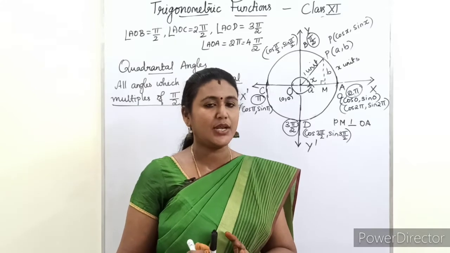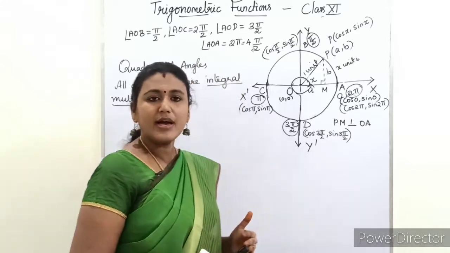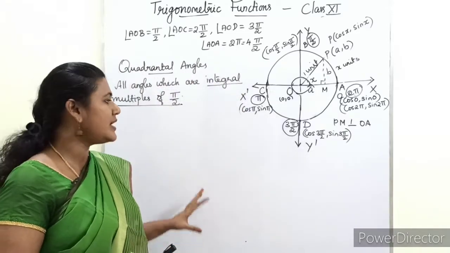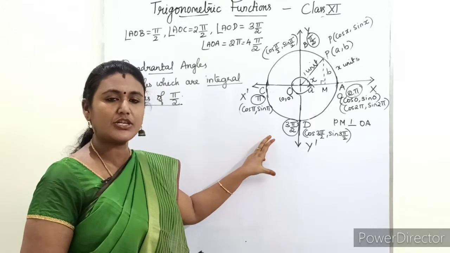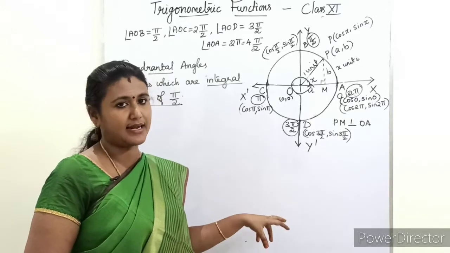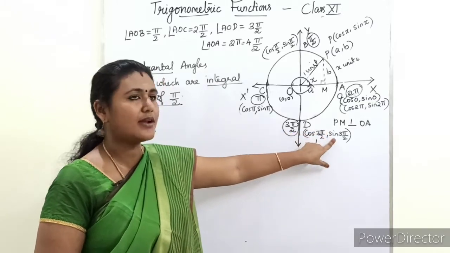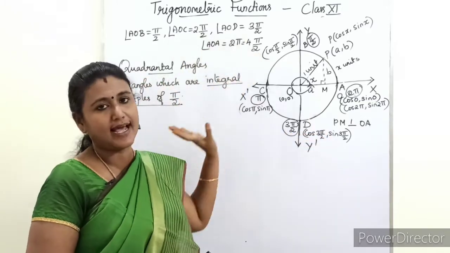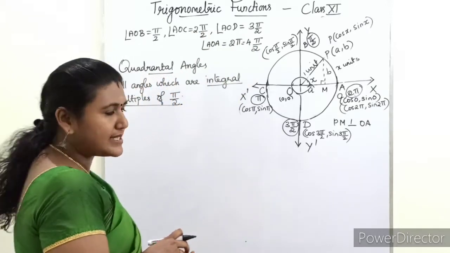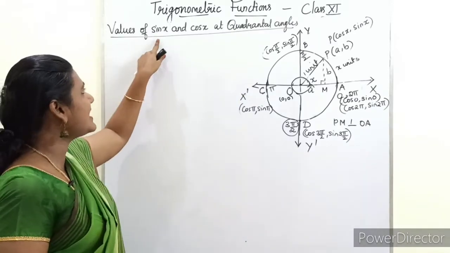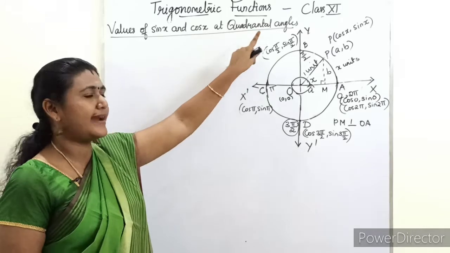Up to 90 degree only we have studied. So in this chapter we are going to see the trigonometric ratios of other angles. So we are going to find the values of sin x and cos x at these quadrantal angles.